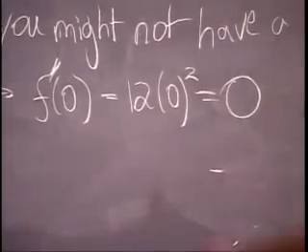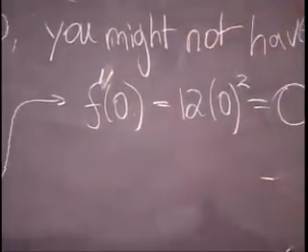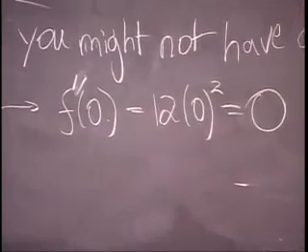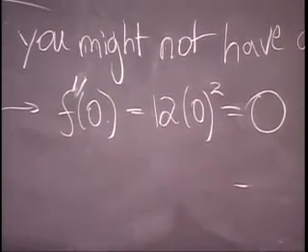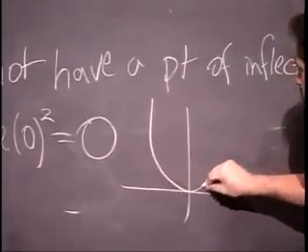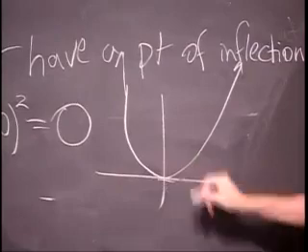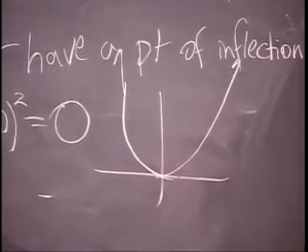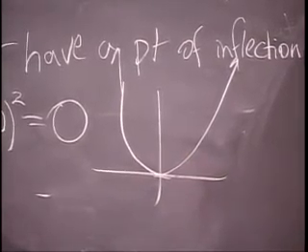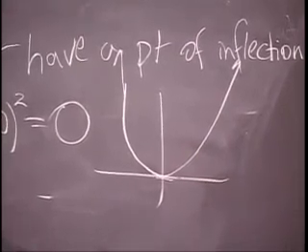Okay, if we get this wrong, we are going to say, oh yes, the second derivative is 0, therefore we have a point of inflection. But that is not true. Look at the curve. It's a minimum. It's a local minimum. It's not a point of inflection at all. Y equals x to the 4th. Not a point of inflection.